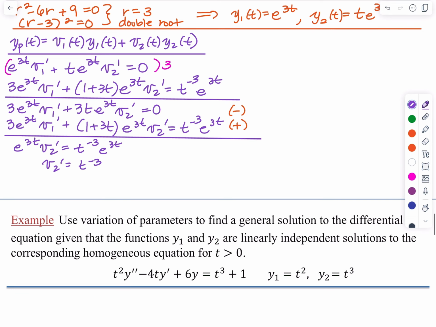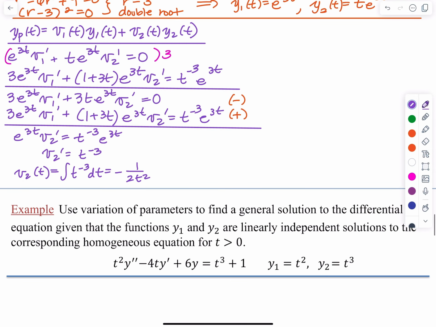We now have then that v2 of t is the integral of t to the negative 3 dt, and of course we have negative 1 over 2t squared.